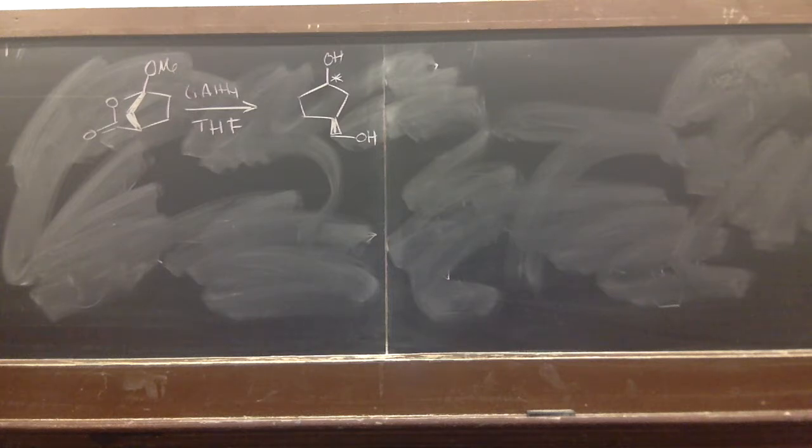My one piece of advice to you guys that I haven't said in class is, what is lithium aluminum hydride? Yeah, it's a reducing agent. Somebody just said it's equivalent mechanistically to a hydride. What's a hydride?